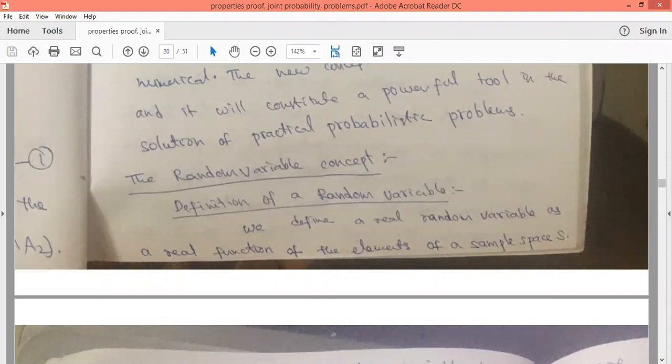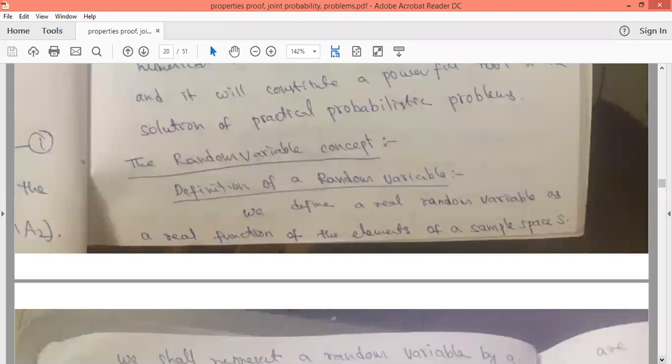Probabilistic means you cannot predict or guess the output; it is random in nature.